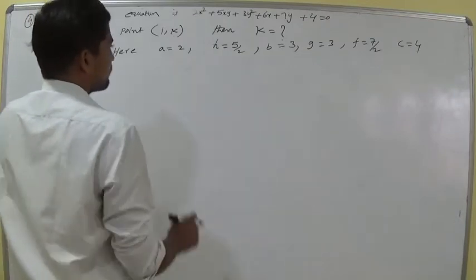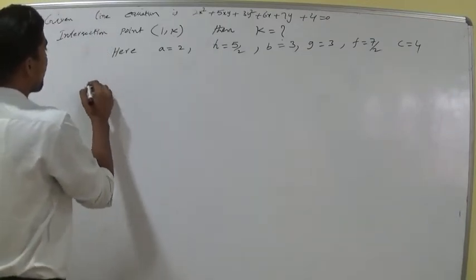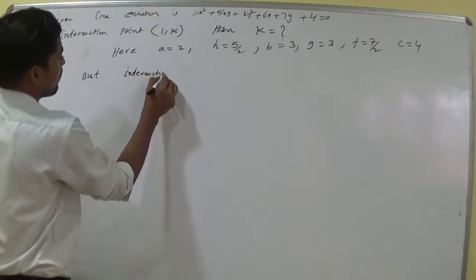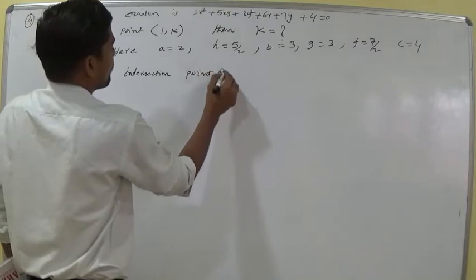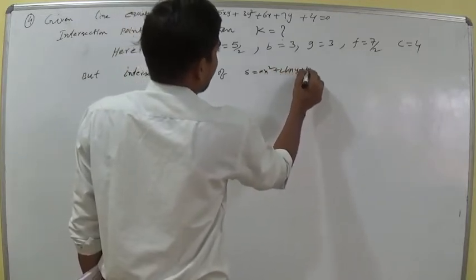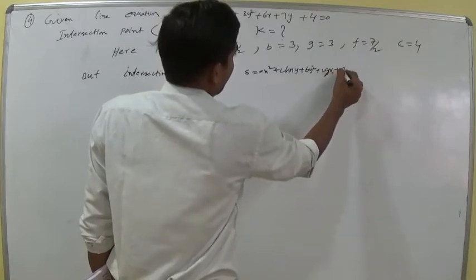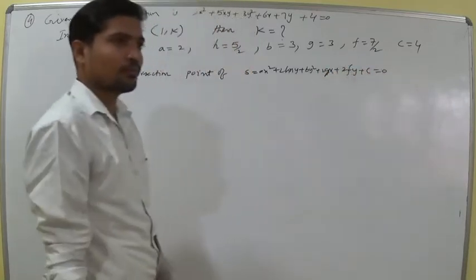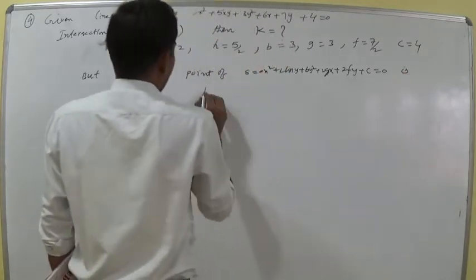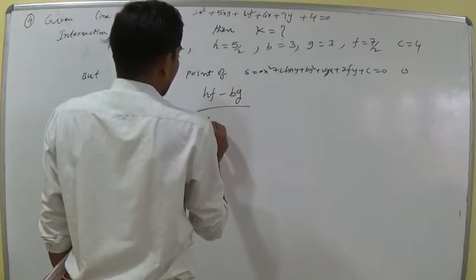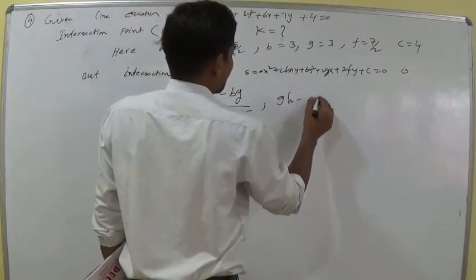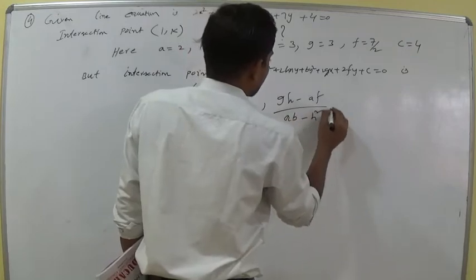So the intersection point of S = ax² + 2hxy + by² + 2gx + 2fy + c = 0 is (hf − bg) by (ab − h²), (gh − af) by (ab − h²).